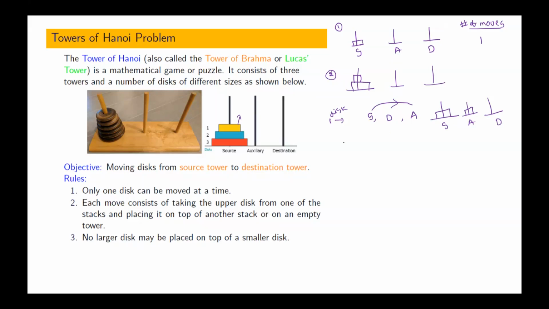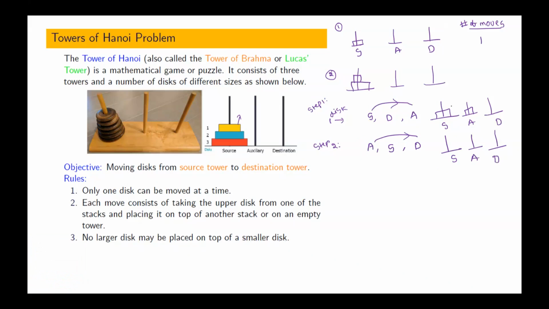What is the next thing that we do? Second step: whichever disk is there on the source, we move from source to destination with the help of auxiliary.